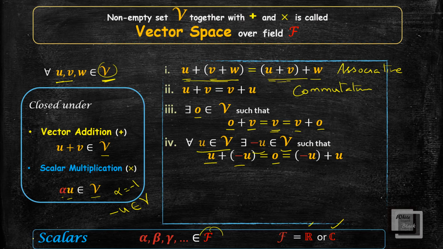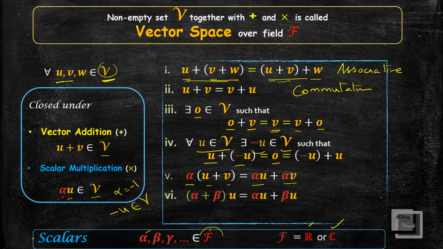Property 5, the distributive property over addition. If you multiply a scalar alpha from field F with the vector addition u plus v, then you will get alpha u plus alpha v. Sixth property is also distributive.